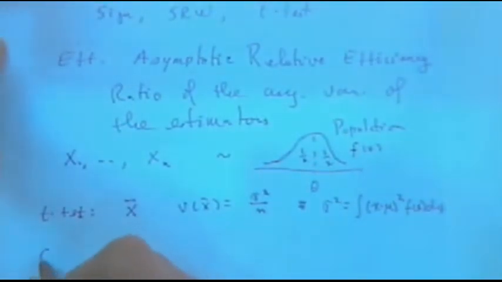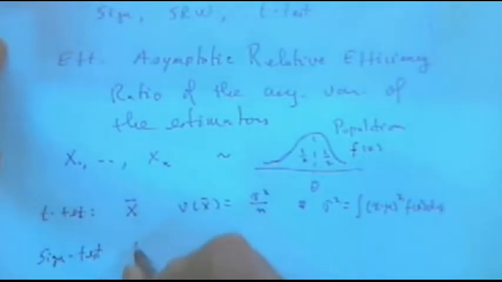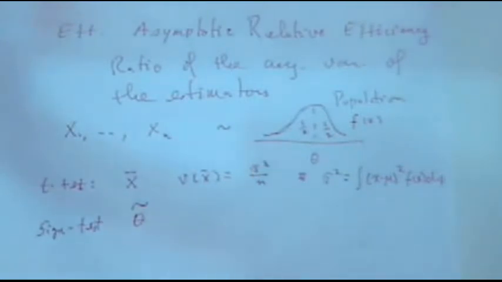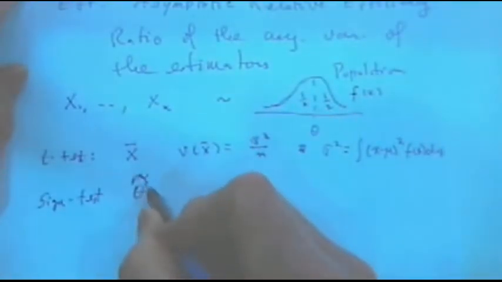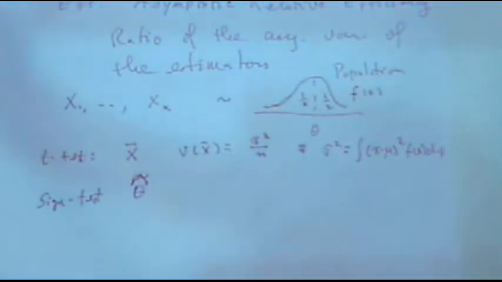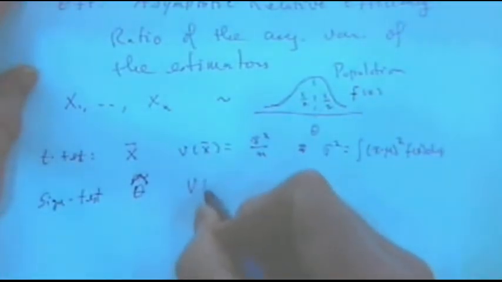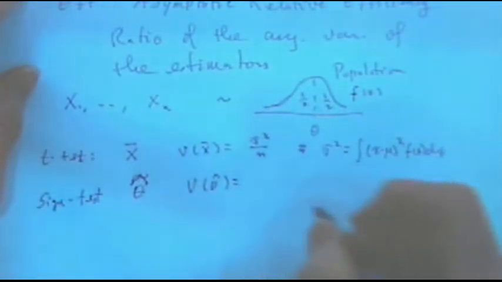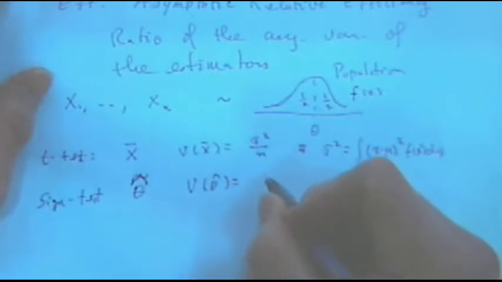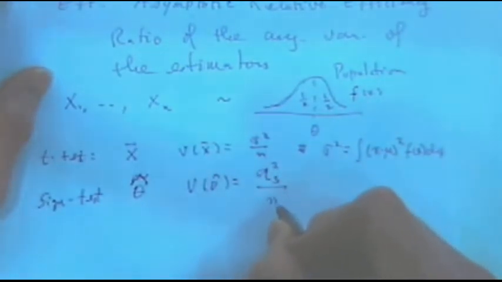Okay, so then we have the sign test. Here are the estimates of the median, theta hat. And what's the variance of theta hat? Well, this is that tau we talked about divided by n.